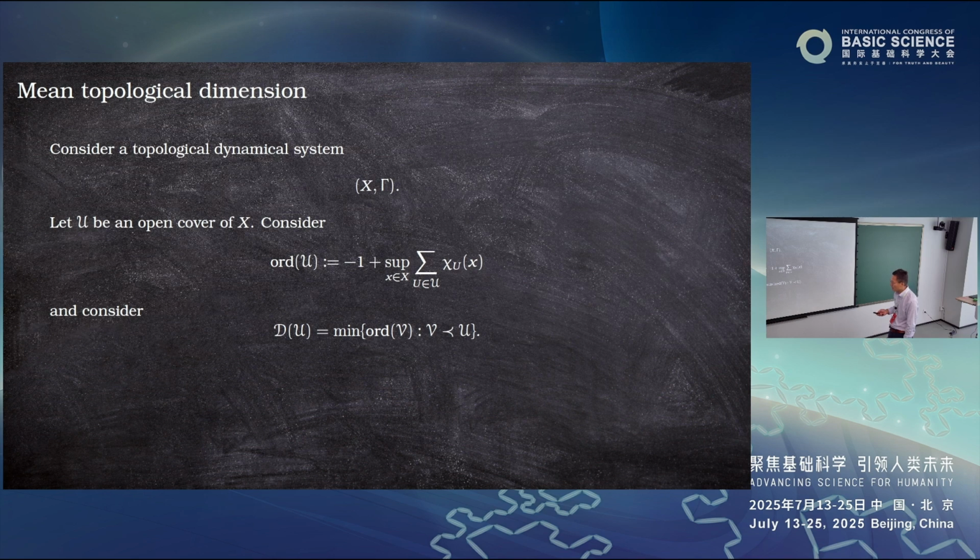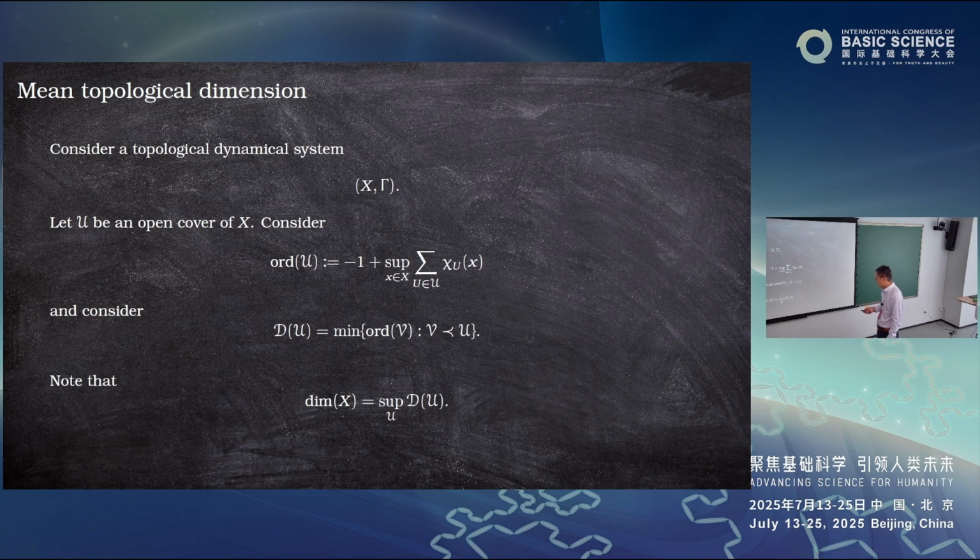You try to find the most economical way to cover your space, but still under the approximation of the given cover U. Then the dimension, or covering dimension, of the space X is the least upper bound such that no matter which open cover you start with, you can always find a refinement so that the order is dominated by this number, and that's called the dimension of X. So this is just topological dimension.